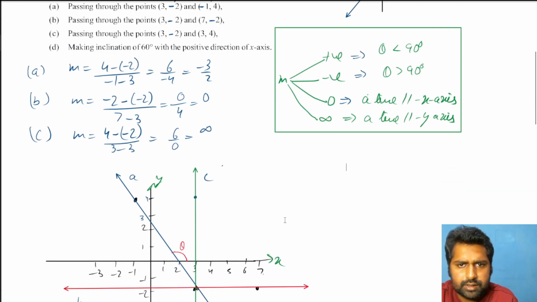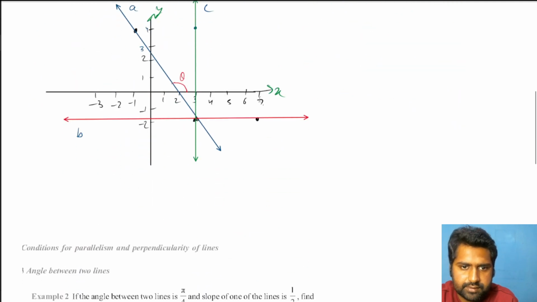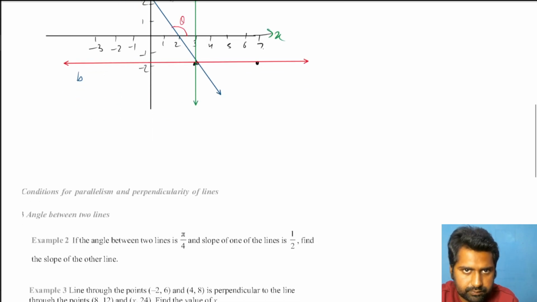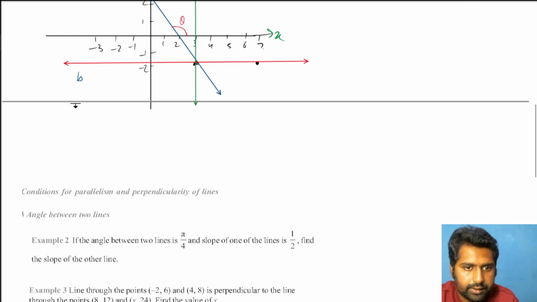Fourth point, let's do that. I haven't discussed the fourth one. Making inclination 60 degree with positive x-axis. Okay, 60 degree with positive direction of x-axis. Okay, they should mention the clockwise, anti-clockwise too. So for the last part, I again have to redraw it.